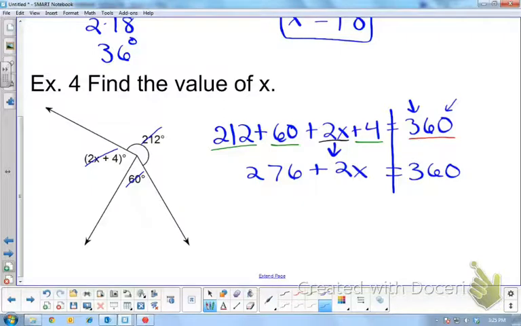And now we're down to a basic equation. Again, we're going to do opposite operations. We need to get rid of 276, so I minus 276 from both sides. Bring down the 2x. 360 minus 276 is 84.